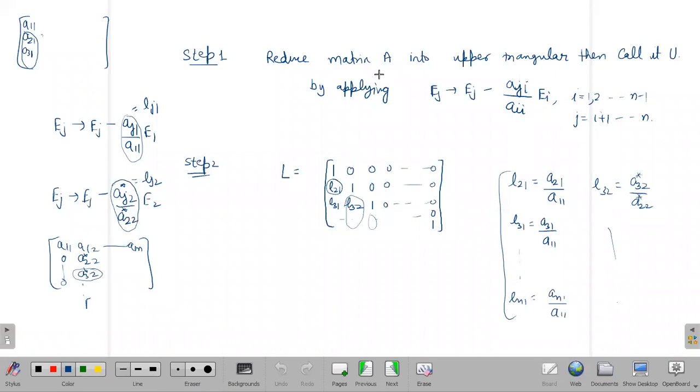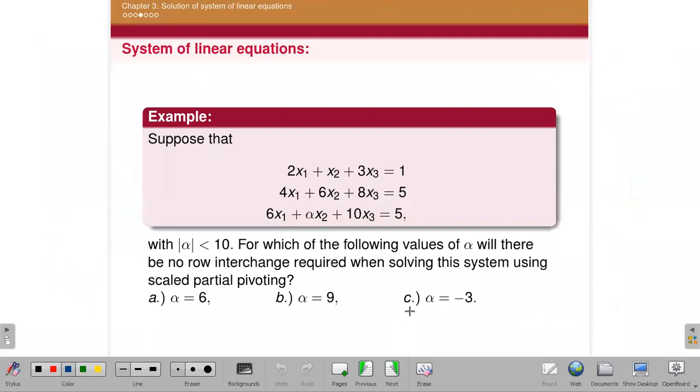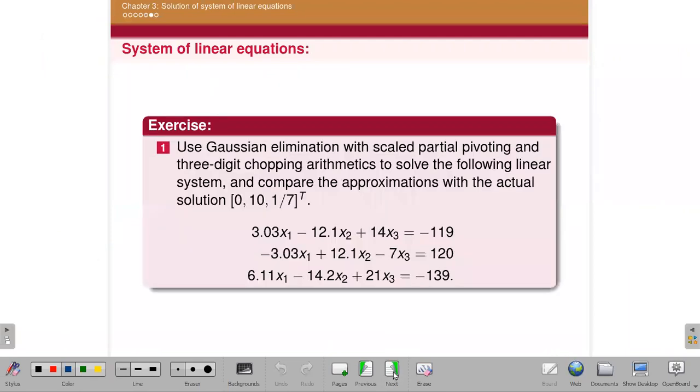Actually, if you want to ask something, just write to everyone. So the question part we will do in the next lecture, so that you will understand it better. For the time being, you just do this question.